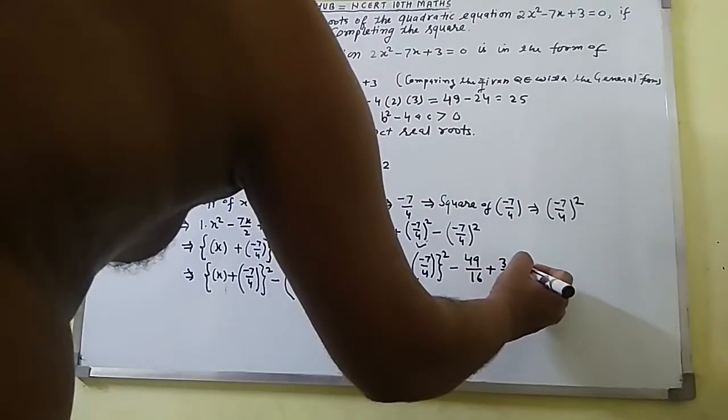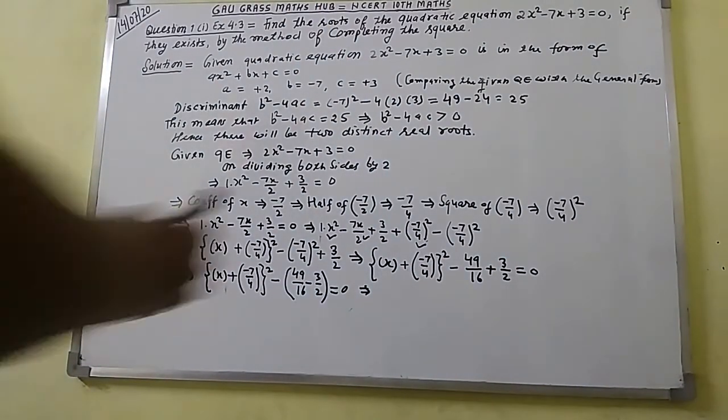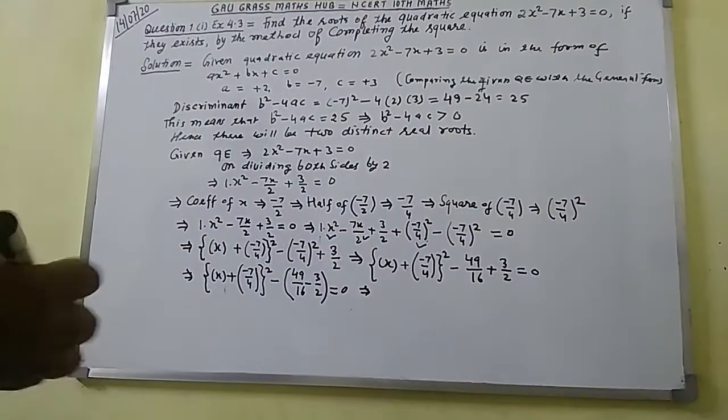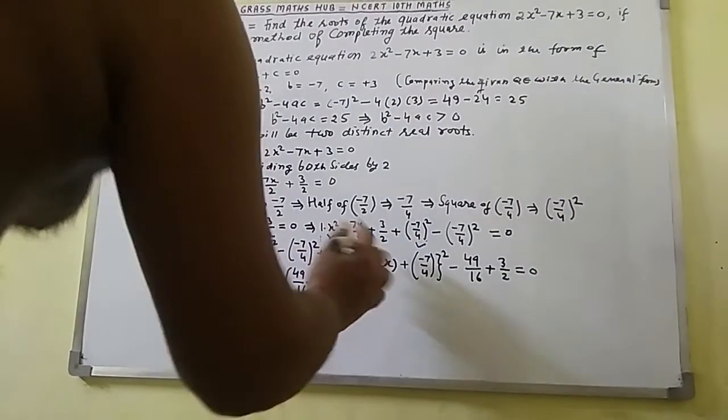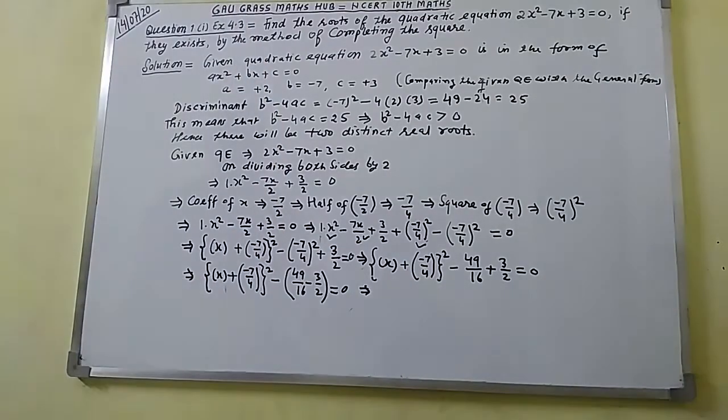Here you can write this is a 0, and again you can write this one equal to 0, and also write here equal to 0. So now the operation is correct, I think so. This is okay. This is correct.